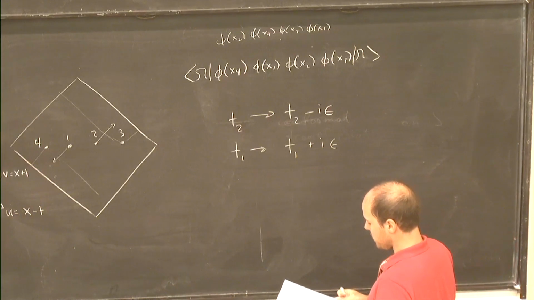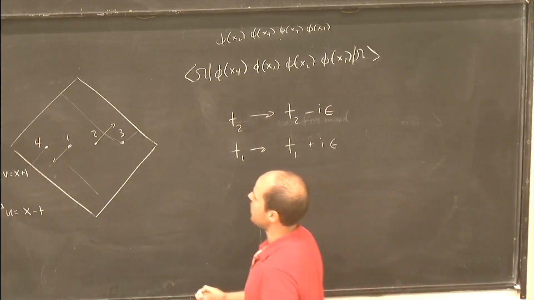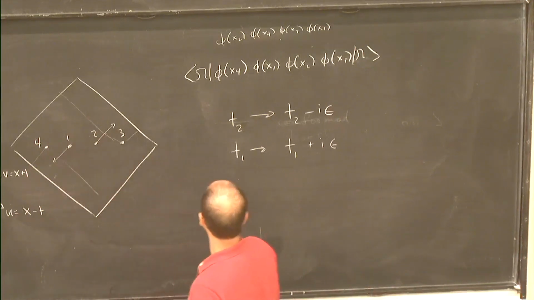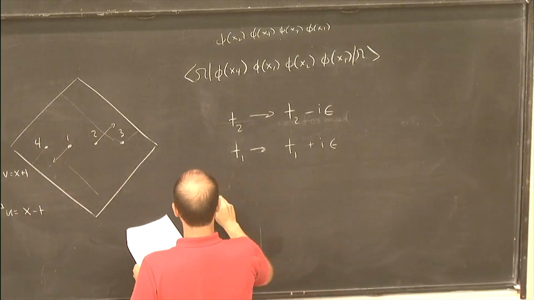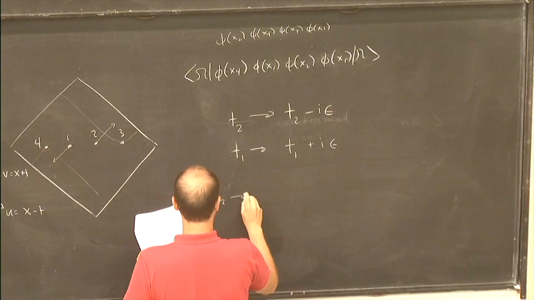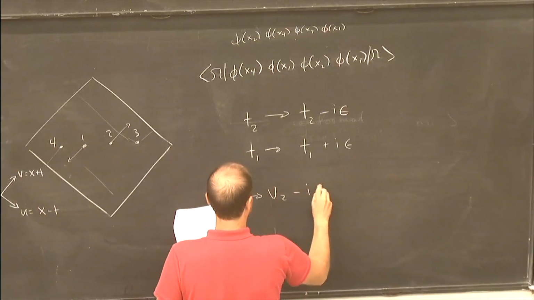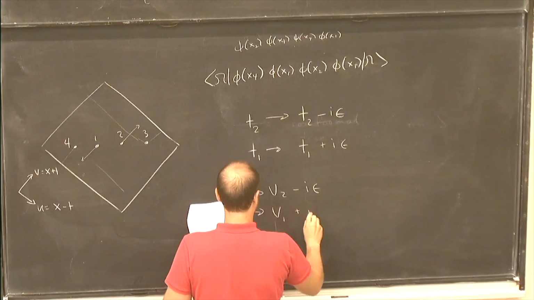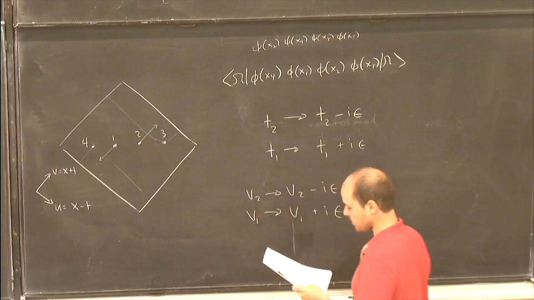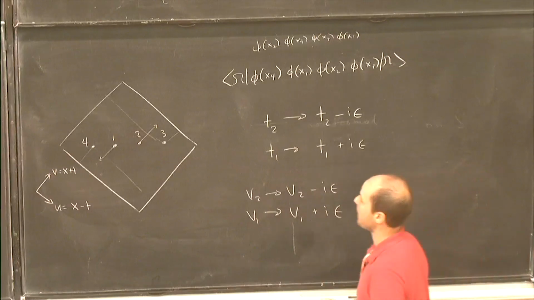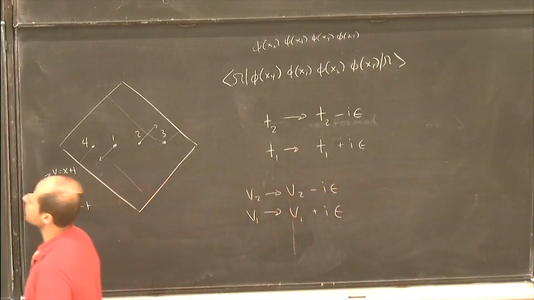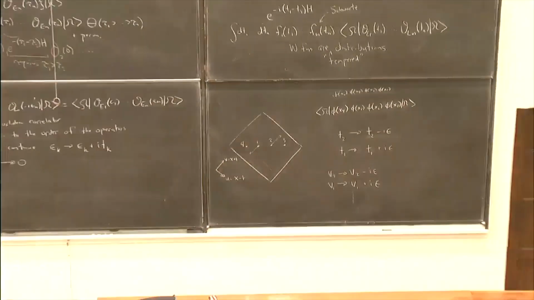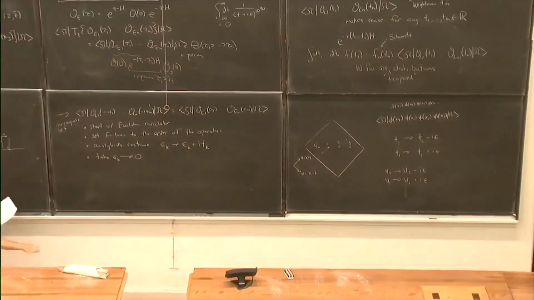Okay, and so now what we're going to do is move the operators in the v direction. So we're going to keep u fixed. This is equivalent to taking v2 to v2 minus I epsilon and v1 to v1 plus I epsilon. Maybe I'll keep that up there.